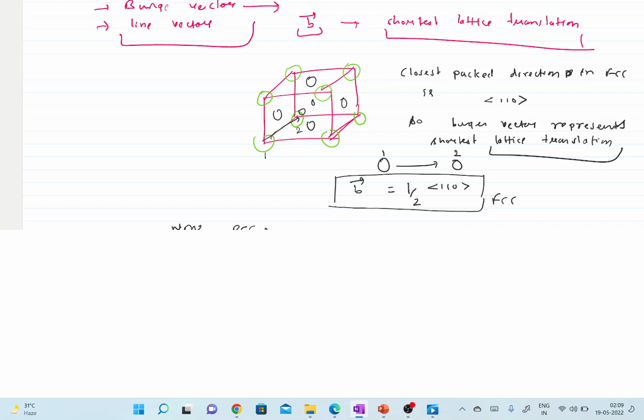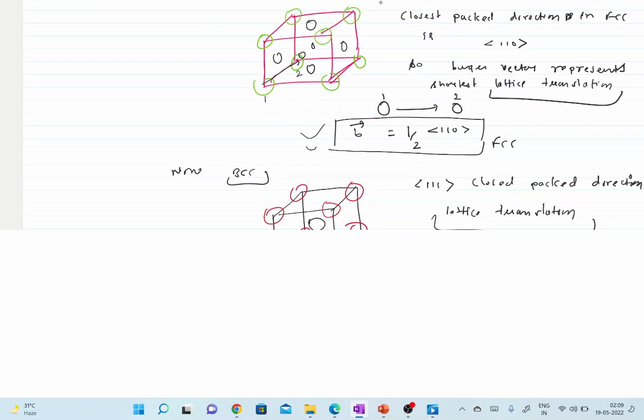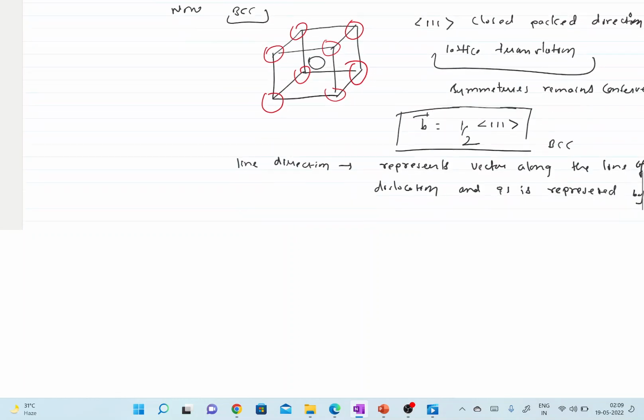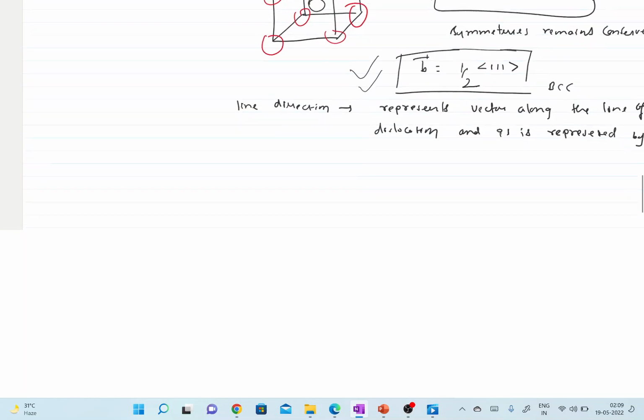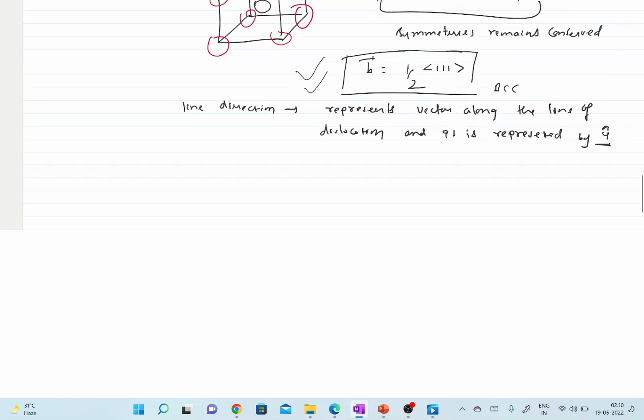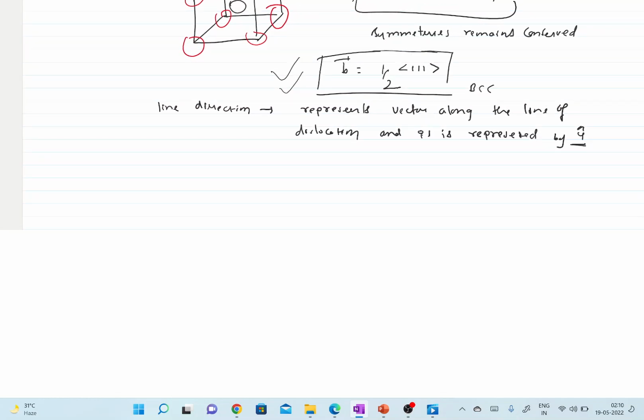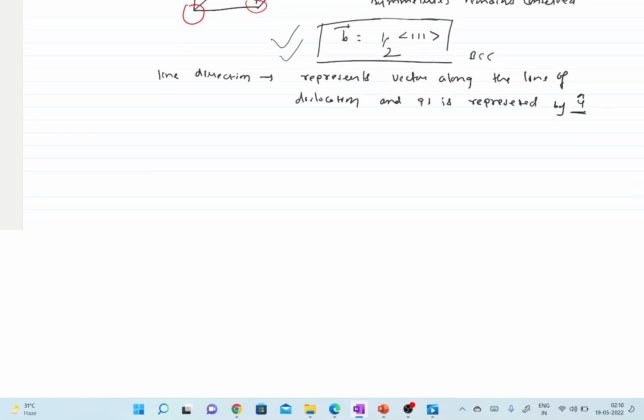So in the case of FCC, we got 1/2 110. In the case of BCC, we got 1/2 111. Then we took the definition of line direction. As the name simply suggests, it shows the vector along the line of dislocation.